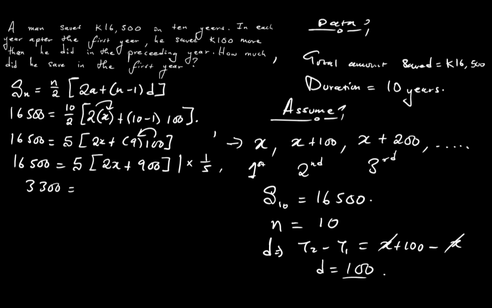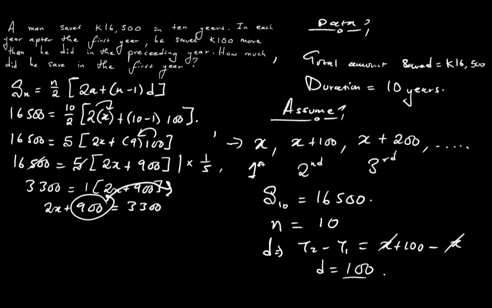And 5 into 5 will be 1. Then we'll have 2x plus 900 being equal to 3,300. Now at this point, we have to solve for x. So we have to transpose, or like my country people like to say, the 900 will jump.